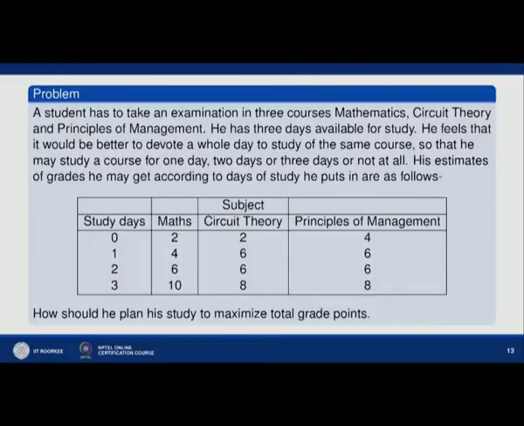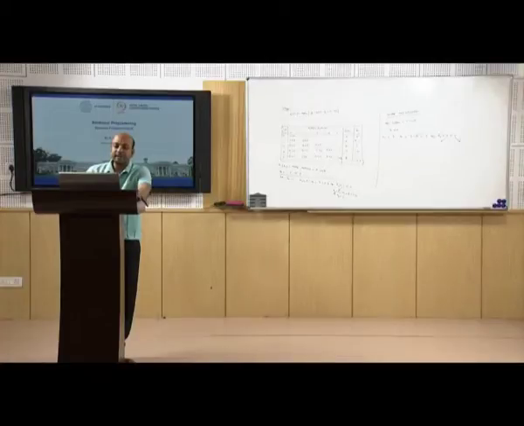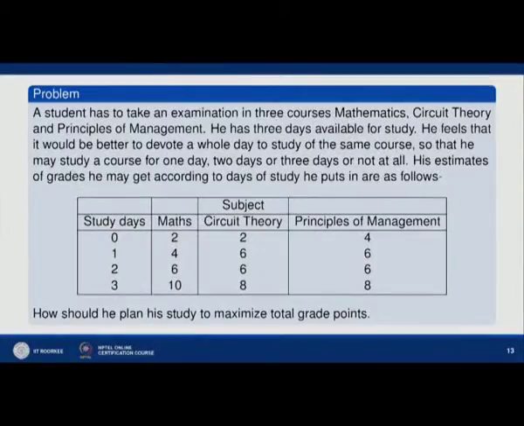His estimates of grades he may get according to the days of study he puts in are as follows. Suppose he gives 0 days of study to mathematics. He will earn 2 credits in mathematics, similarly 2 in circuit theory and 4 in management.